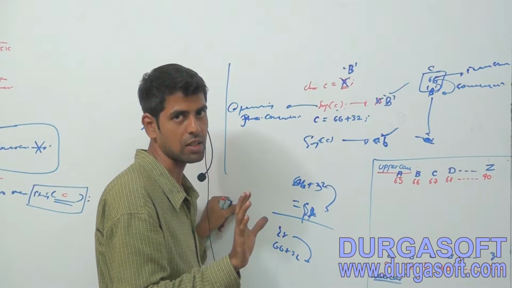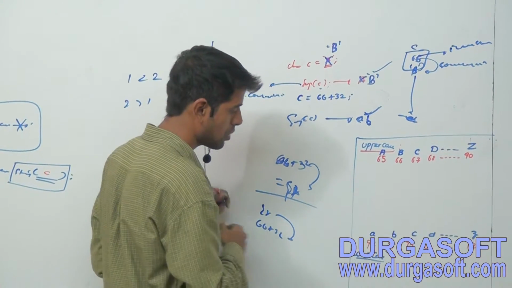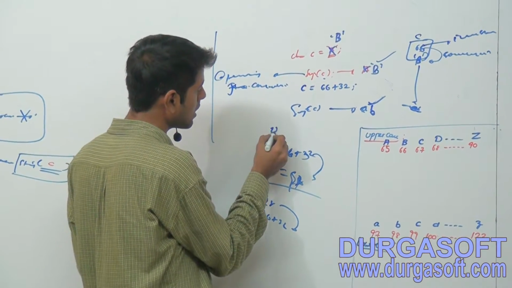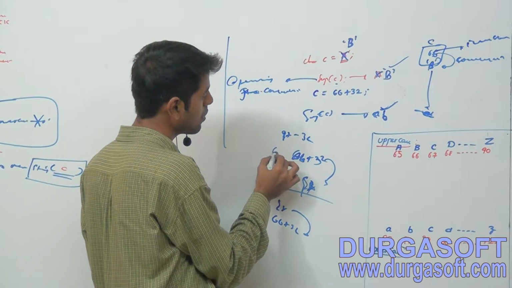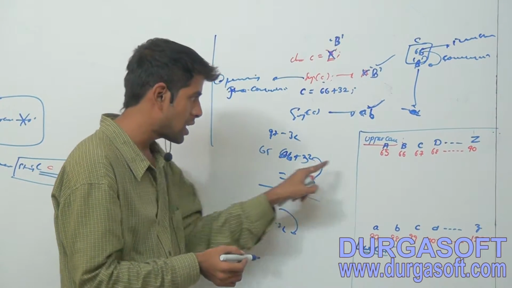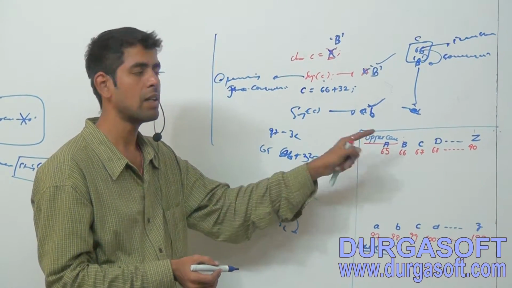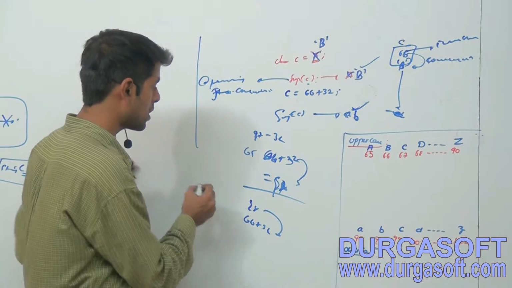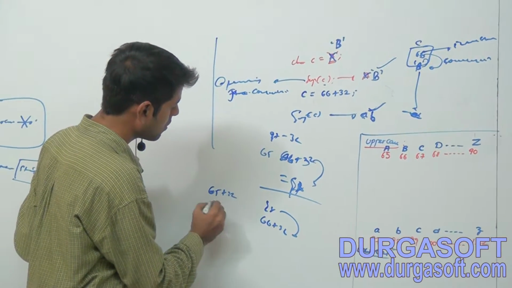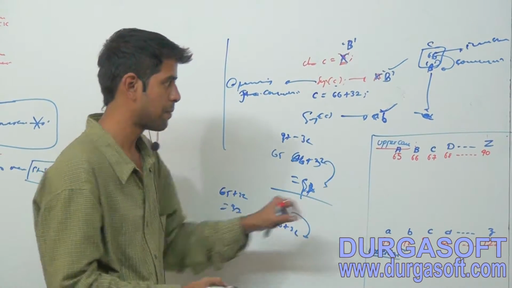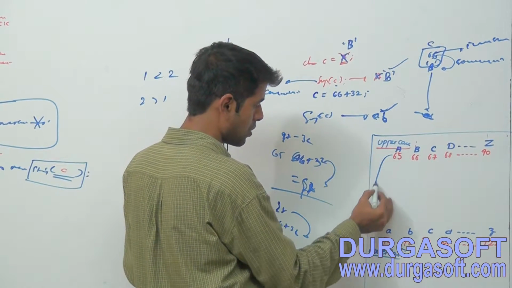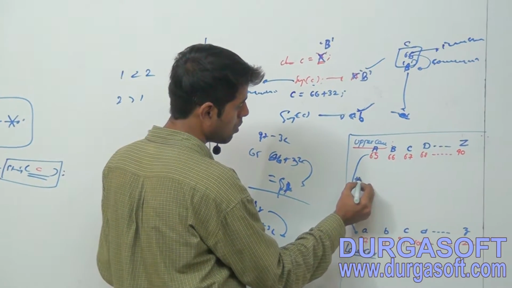Uppercase. Observe here, if I put 97 minus 32, what is the value? 65, right? The 65 equivalent Unicode character is capital A. If I put 65 plus 32, I will get 97. If I want to go from 65 to 97, what do I do? Put plus 32.